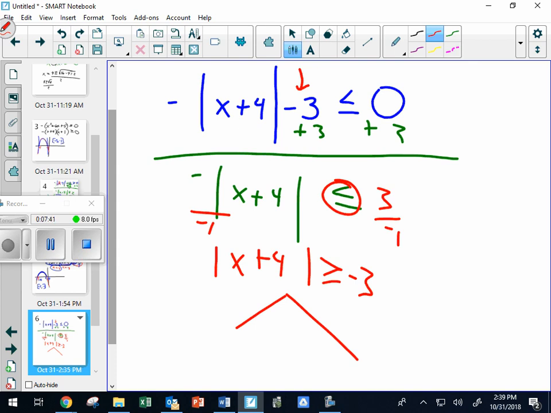All right, so let's finish this up. Is x plus 4 greater than or equal to -3? Is that how you start? Yeah, you just drop the absolute values. Really simple. What's the other one then? x plus 4 is less than or equal to regular 3. Good. And then I just solve those 2 equations.